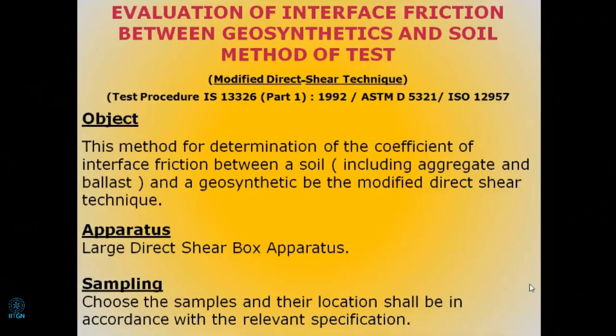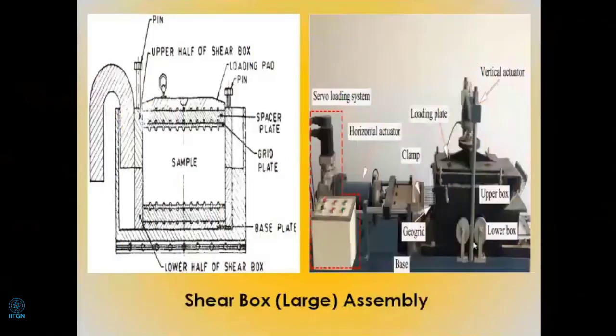In this, we have a large direct shear box of 300 mm by 300 mm size. This is the schematic as well as the actual diagram showing the 300 mm by 300 mm box. The loading plate is there, the vertical actuator through which we put the vertical load, and the horizontal actuator through which shearing is done. So there is an upper box and a lower box.